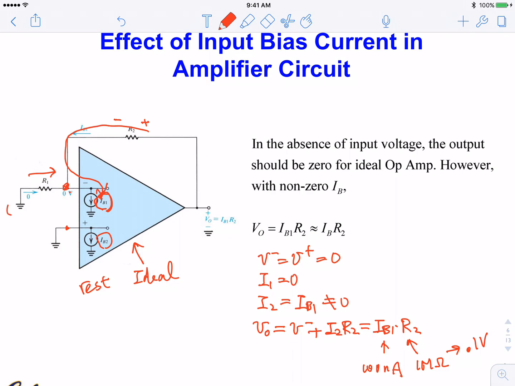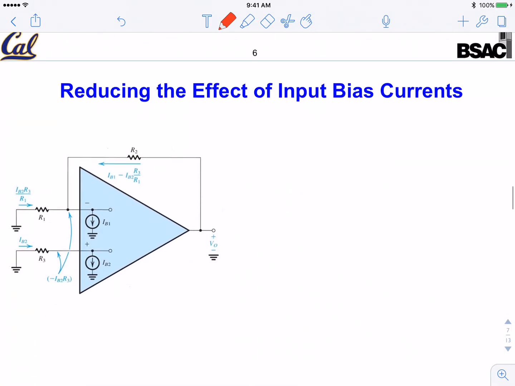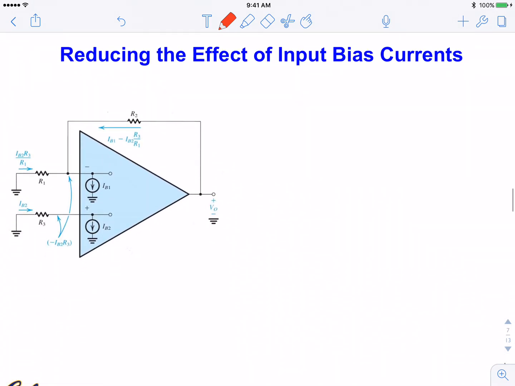This is where both of your inputs are grounded. You are not applying any signal. This is just caused by the bias current in the circuit. Okay, so obviously you want to minimize that. It turns out it's not possible to completely eliminate it, but you can minimize it. So how do you minimize it?